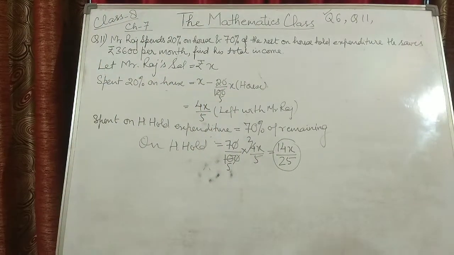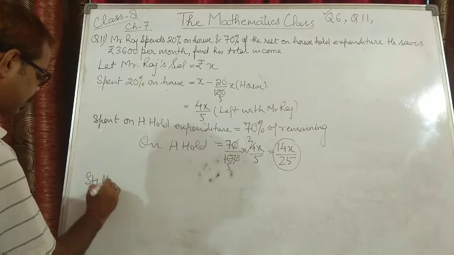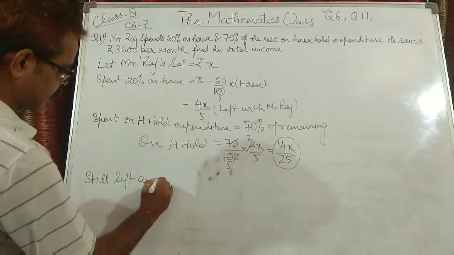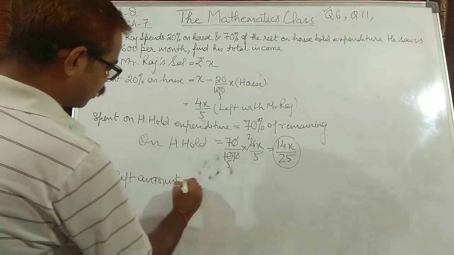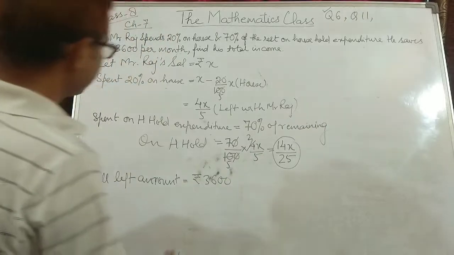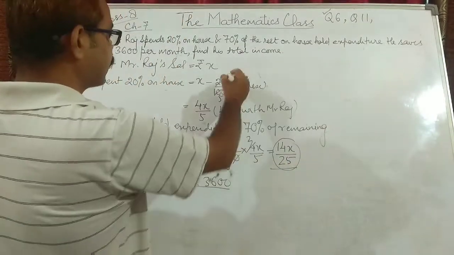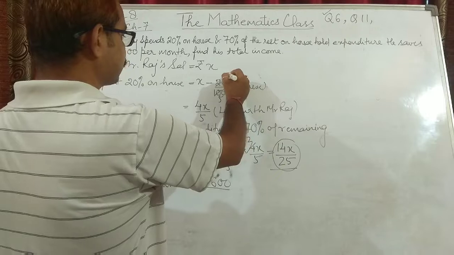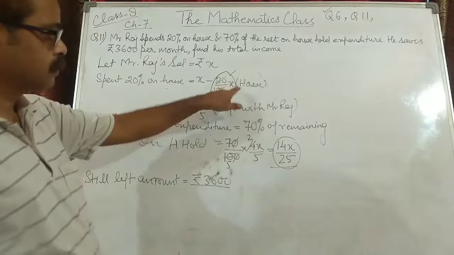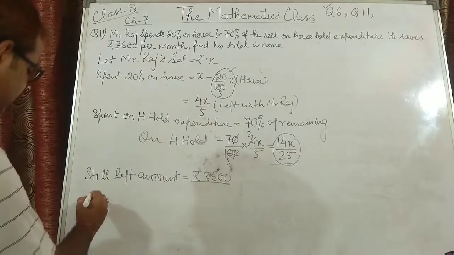Now still he has some amount left. That is rupees 3,600. This amount plus this amount plus the x upon 5 that he is spending on house: house plus household plus left is equal to total salary.